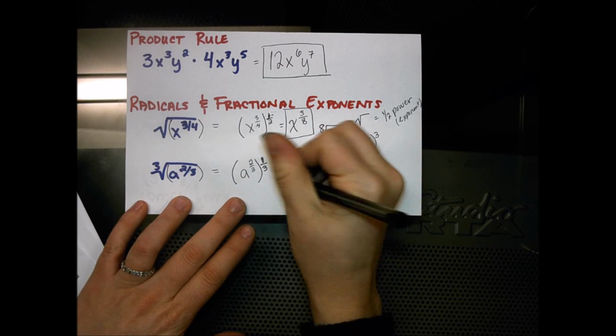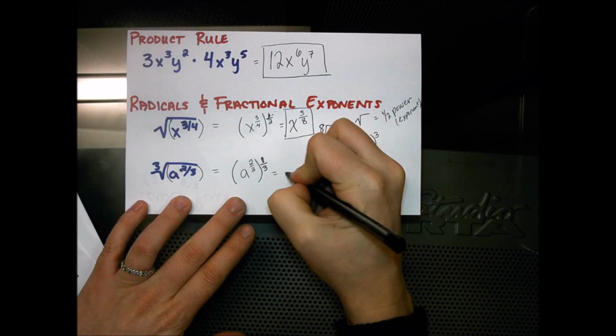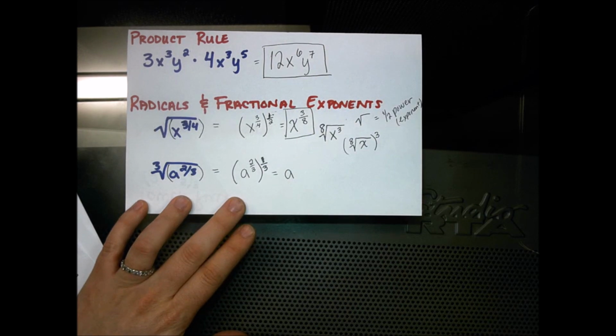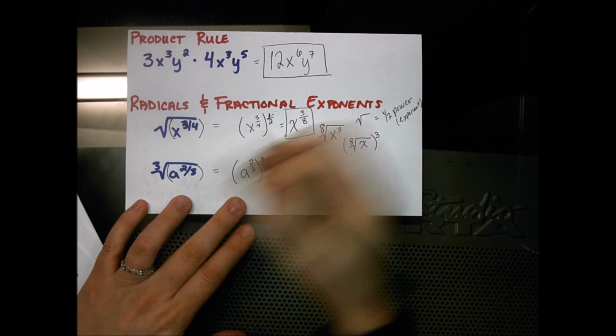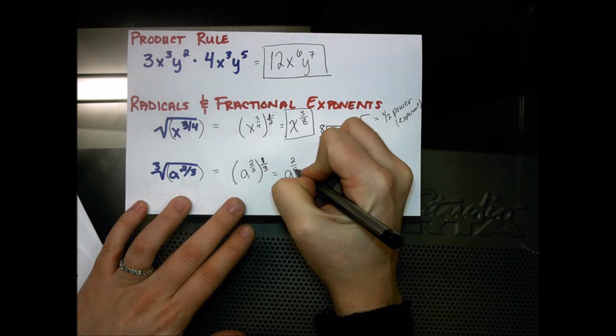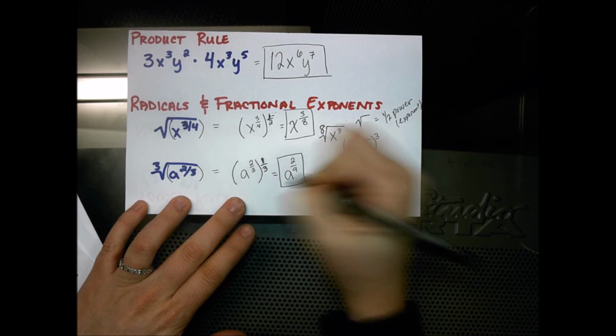Okay, when you multiply those, what do you get? 2 over 9. And that is your answer.